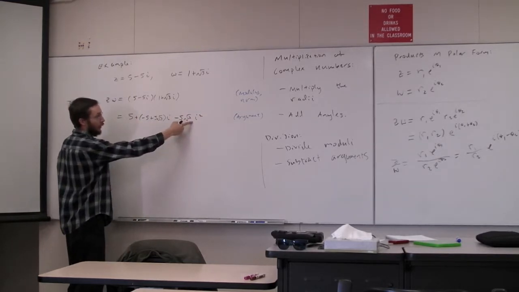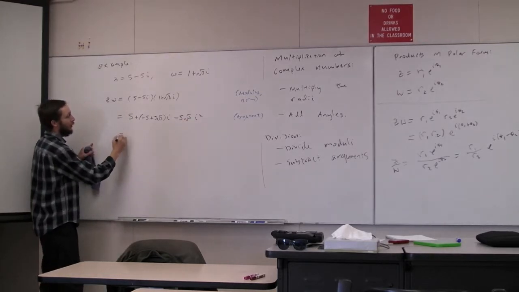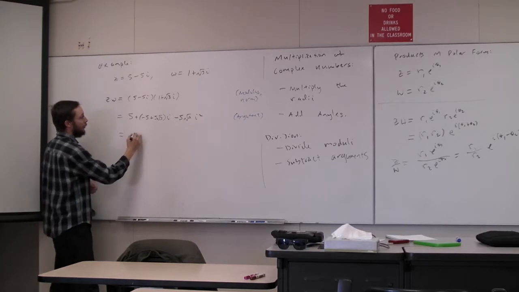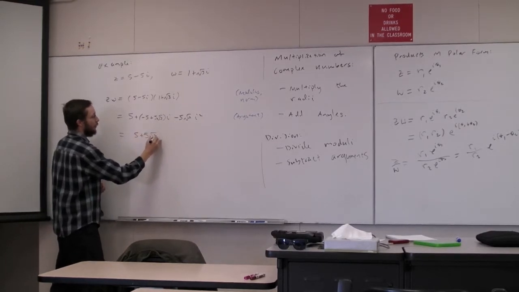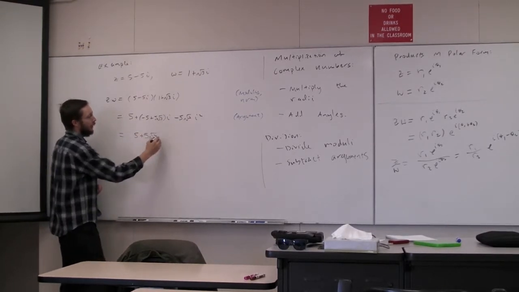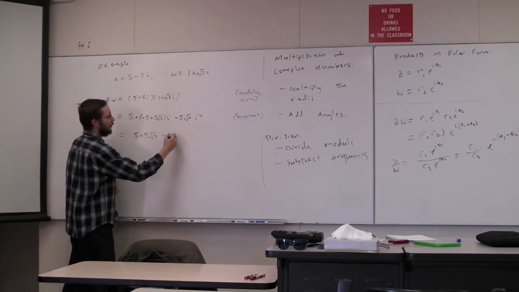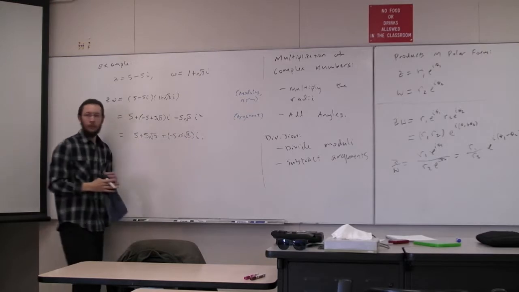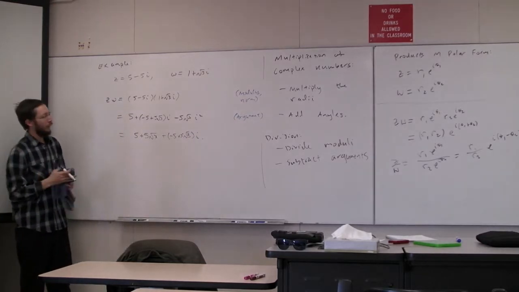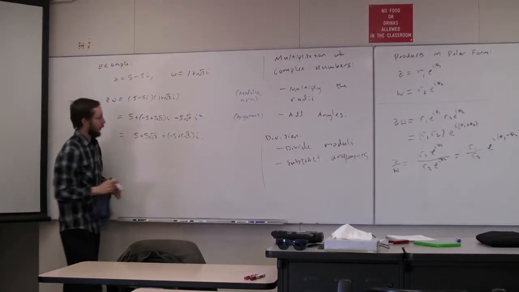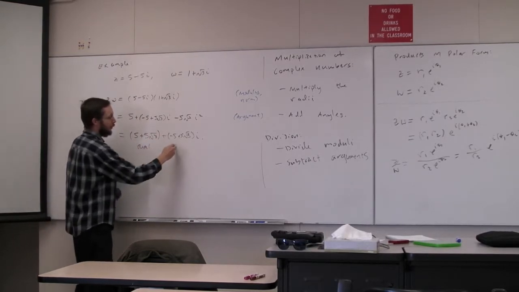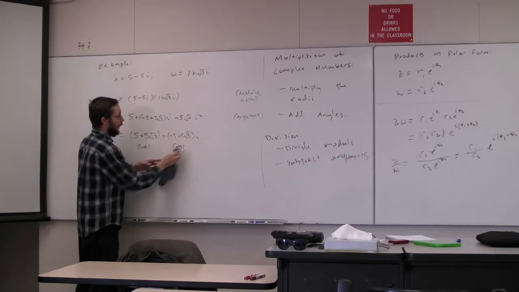And then, of course, i squared ends up giving you a positive there. So you get 5 plus 5 square root of 3. And then this term here can't really be simplified. Okay. So there we go. Multiply out the numbers in rectangular form. That's the real part. And the imaginary part.